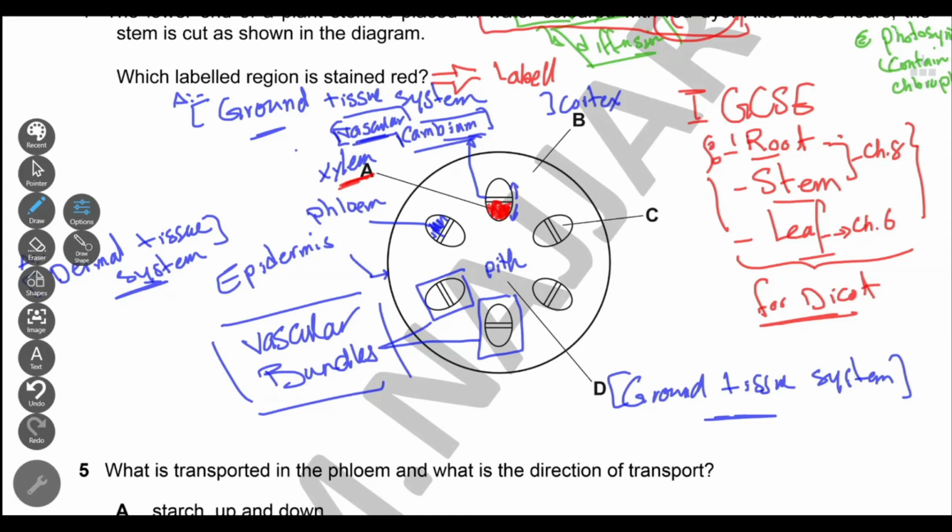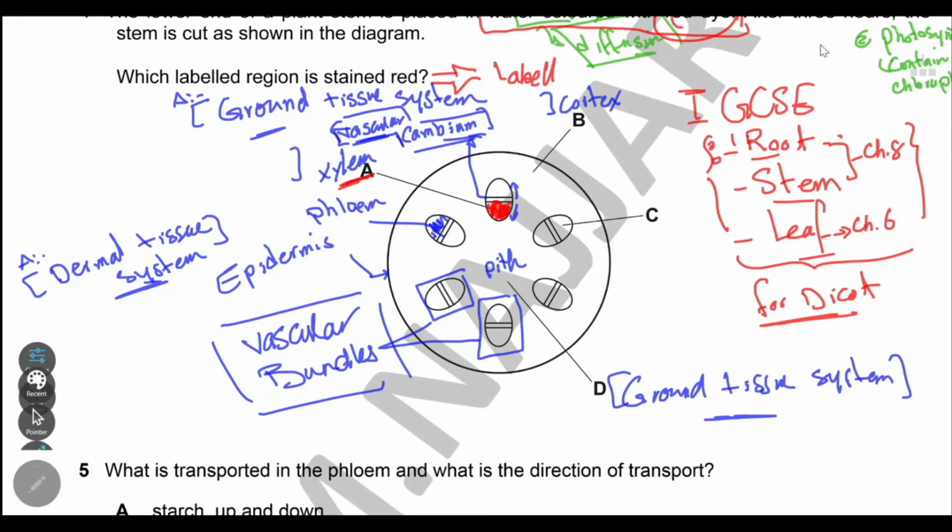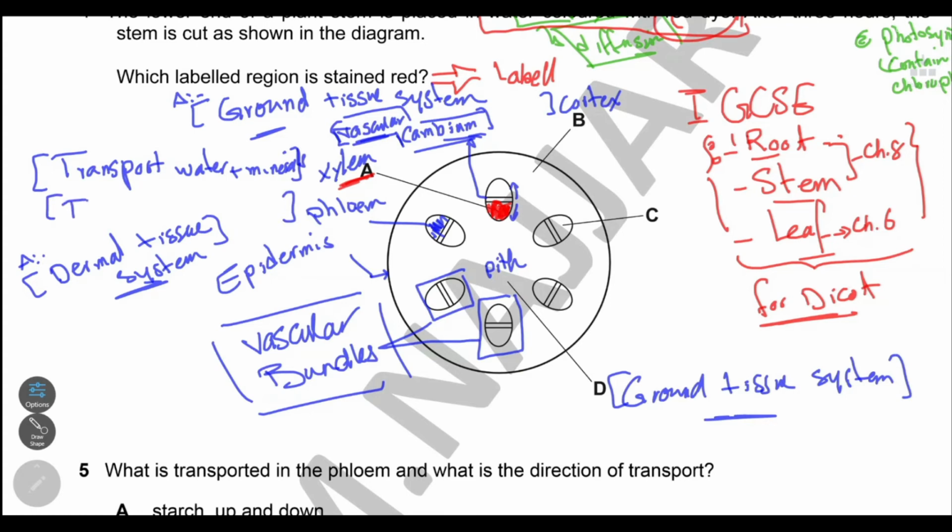Xylem, as we know, is dedicated to the transport of water plus minerals. Phloem is dedicated to translocation of food, which is the products of photosynthesis.